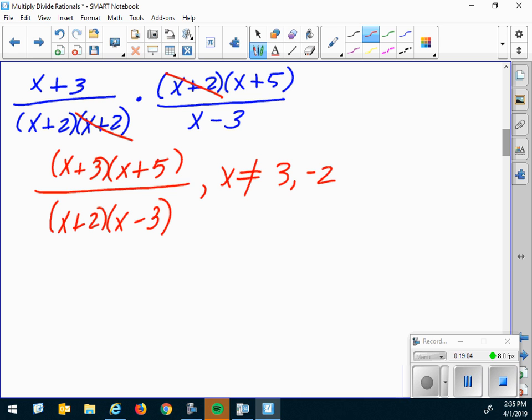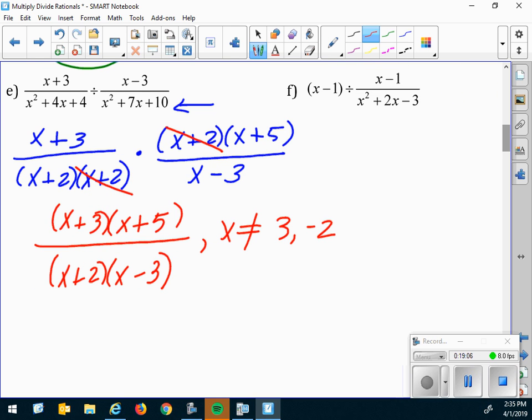I want to ask you a question. Can x equal negative 5? But look, if x is negative 5, so here's what I'm asking you.